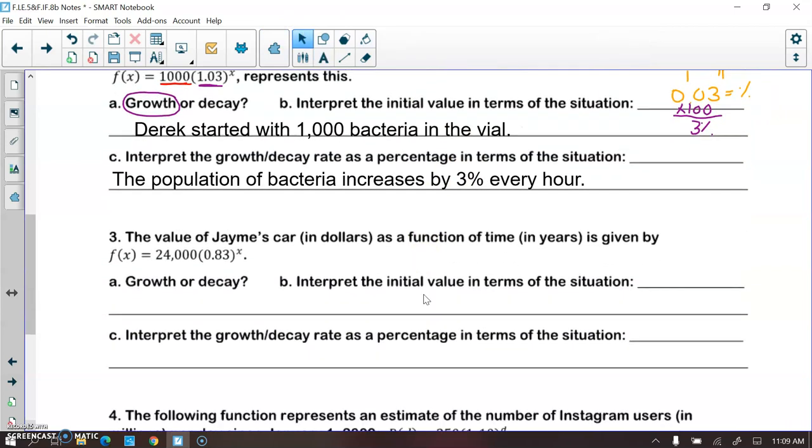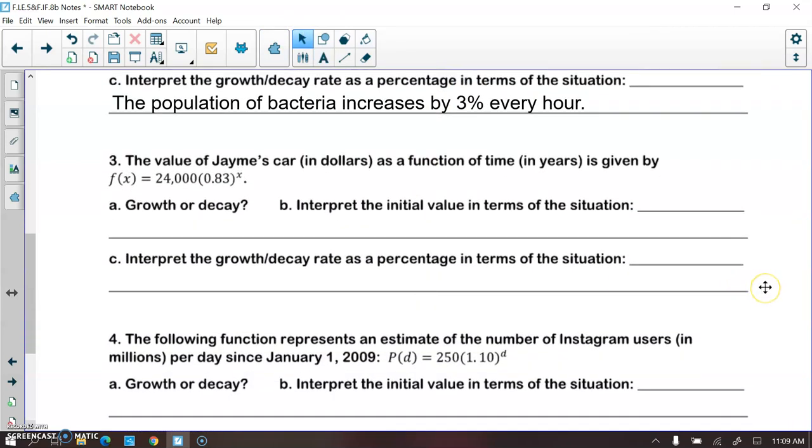All right, moving on to number 3. The value of Jamie's car in dollars as a function of time in years is given by f of x is equal to 24,000 times 0.83 to the x power. Since your b value is in between 0 and 1, this is decay, so the value of her car is decreasing.